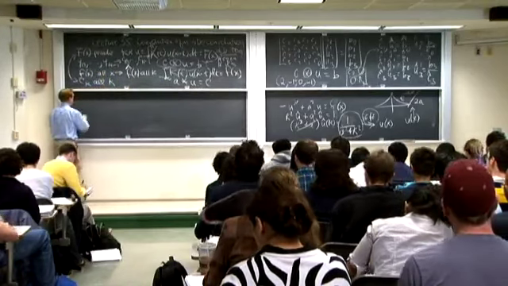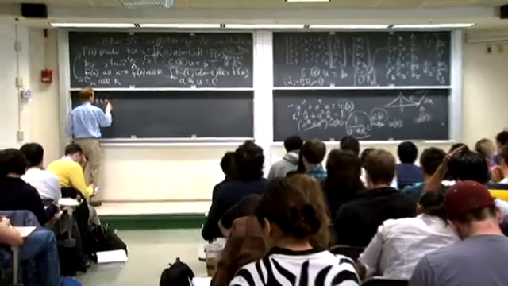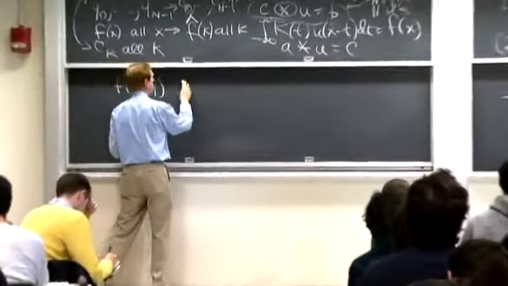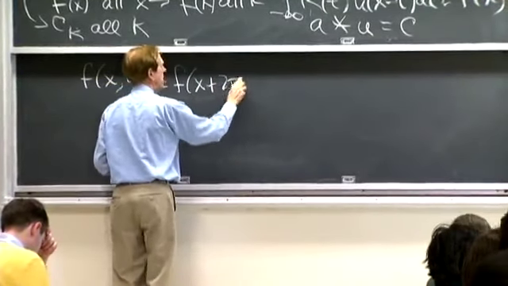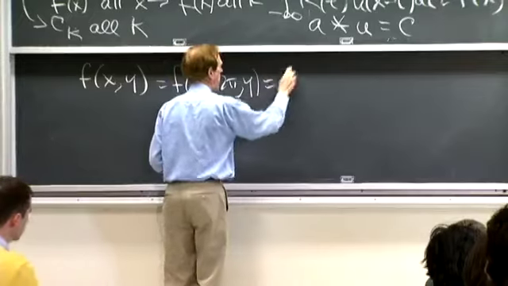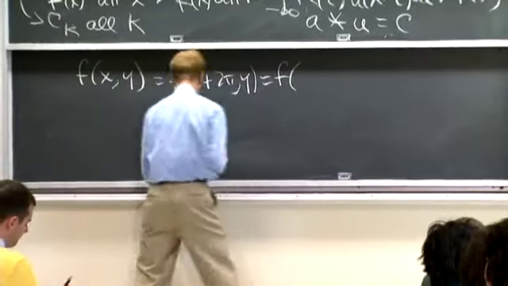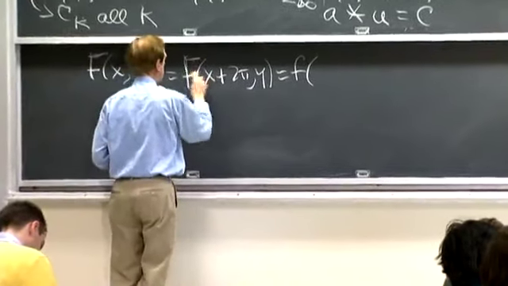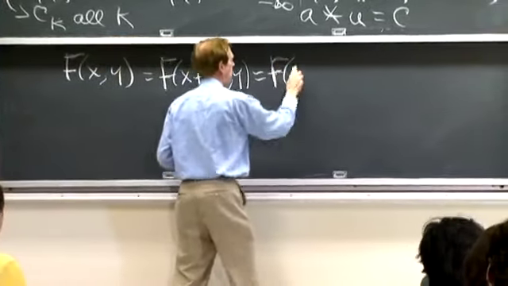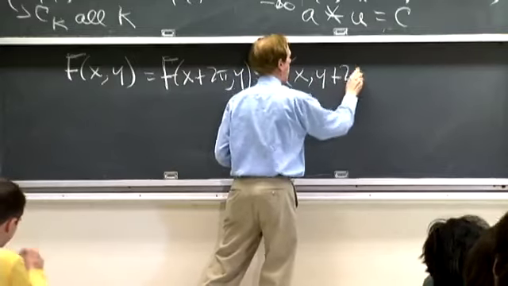Suppose I have a function of x and y, 2 pi periodic in x and in y. So if I bump x by 2 pi, or if I bump y by 2 pi, I'm using capital F for the periodic guys. So capital F of x, y plus 2 pi.